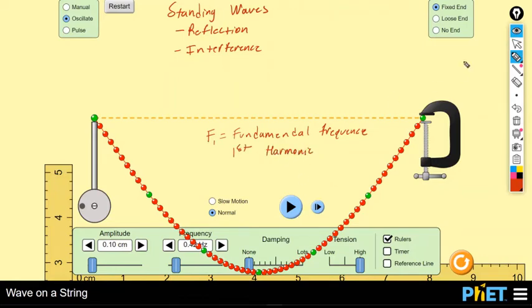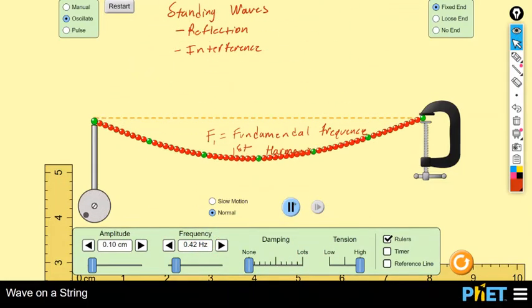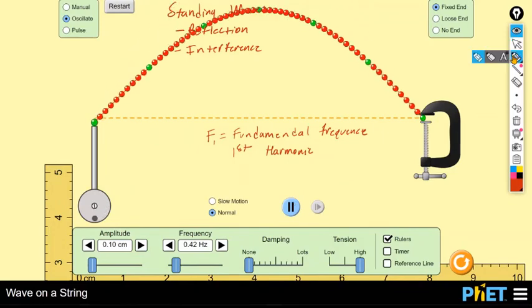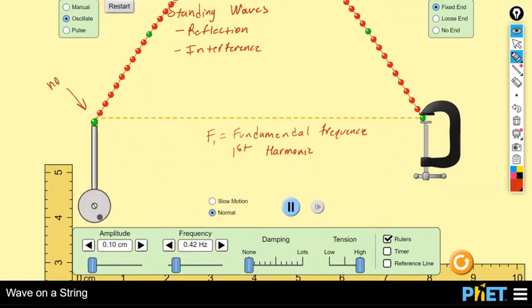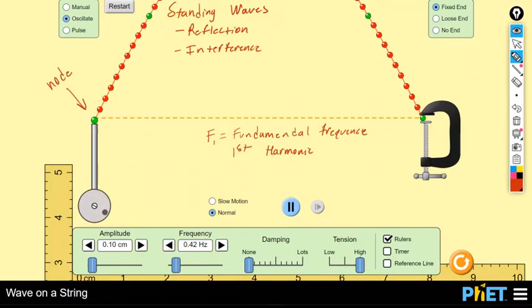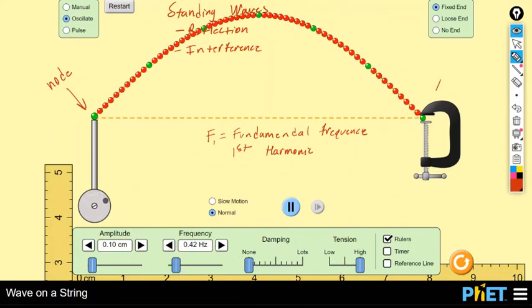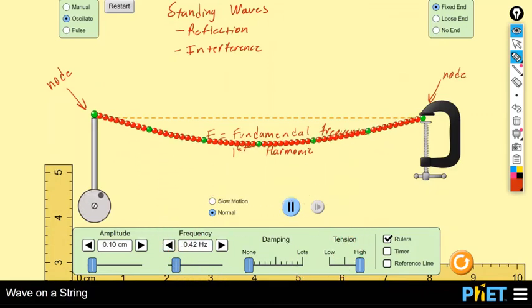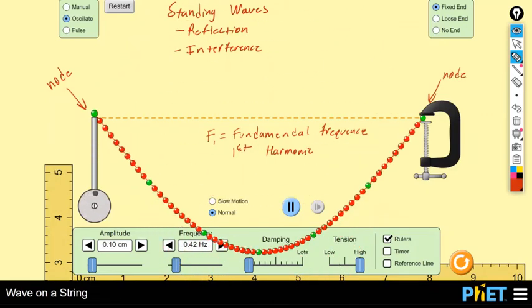It has these parts. It has two nodes. There's a node right here, a place where displacement or amplitude is at a minimum. So that means we also have a node here. Usually the displacement is 0 at a node, the amplitude is 0 at a node.